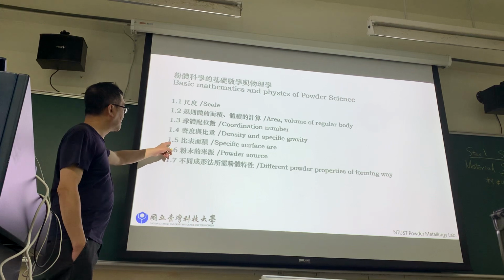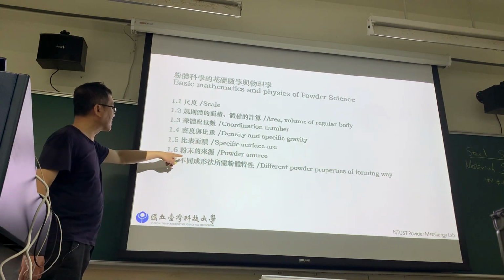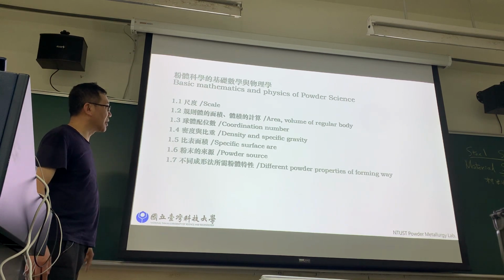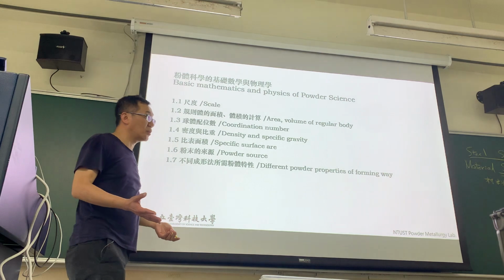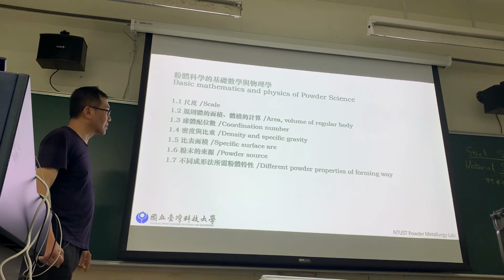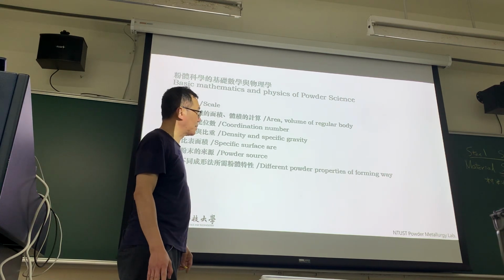Number 4 is the spatial surface area, and number 6 is our source, how we can get the powder, and number 7 is how to make a powder forming way.